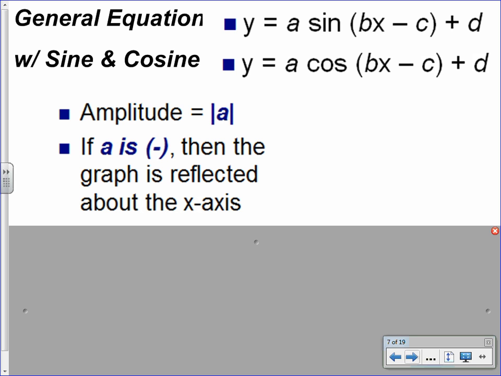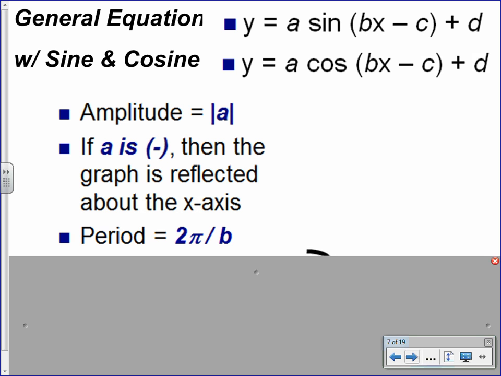The period. Now the period of a just plain sine of x and cosine of x, our parent functions, is 2 pi. So if we have a b value, our new period would just be 2 pi divided by b. That's going to give you your new period.